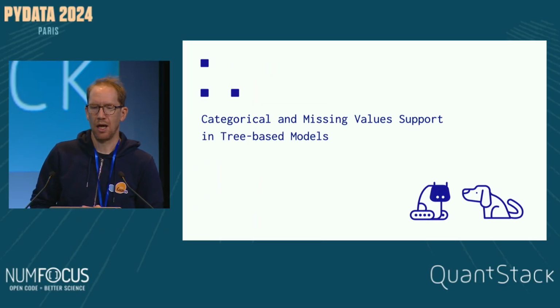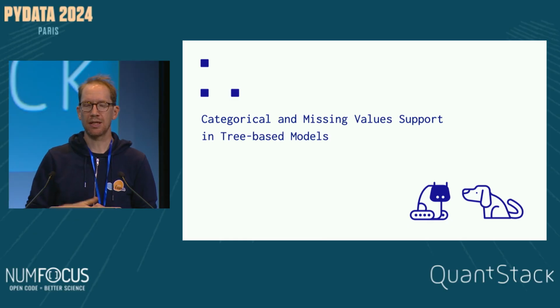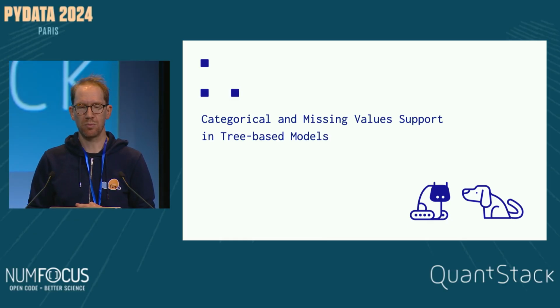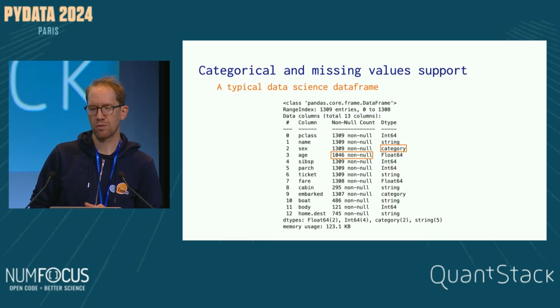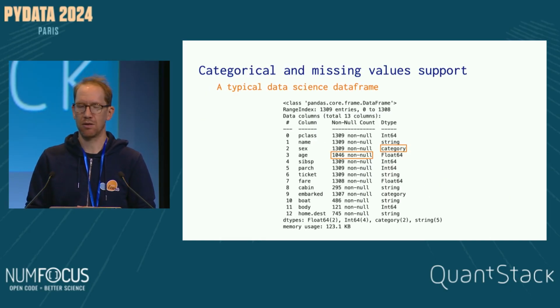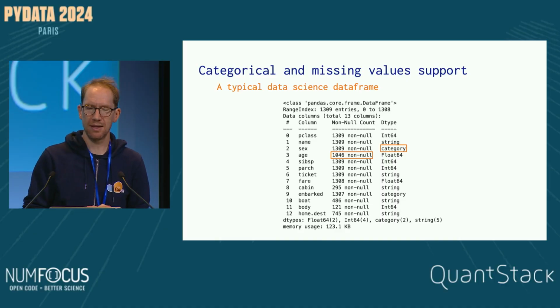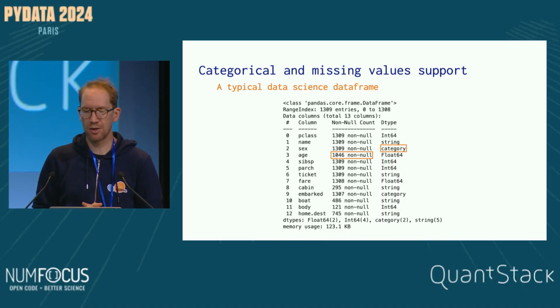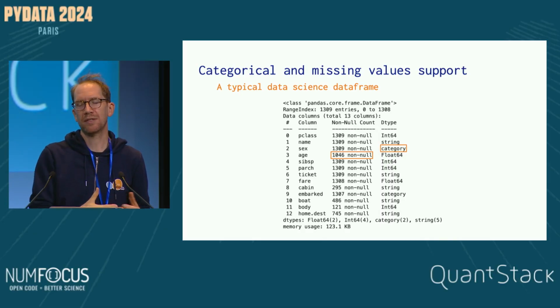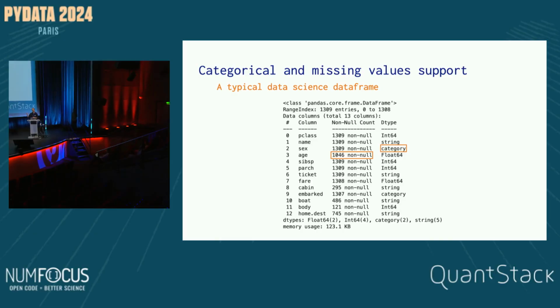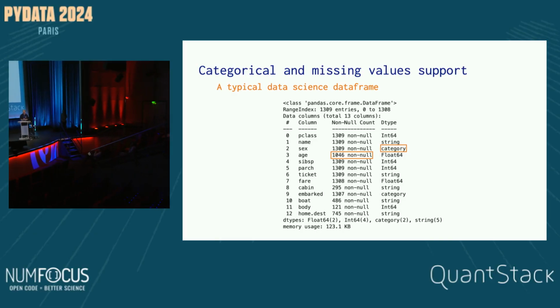Finally, we have some improvements regarding categorical and missing value support in tree-based models. So let's take a very typical Titanic dataset where I have missing data, like the non-null counts that we see here, and some data which are categories, which is pandas category, or if you are in pandas, we will have the categorical dtypes as well.